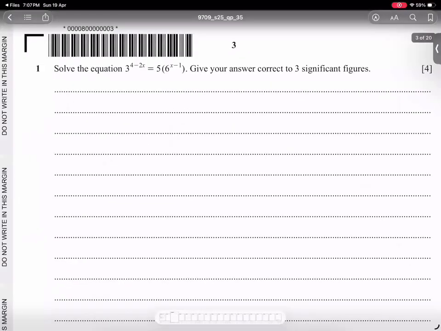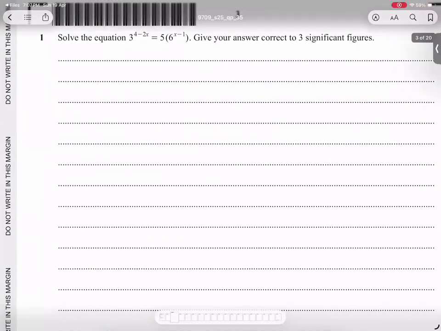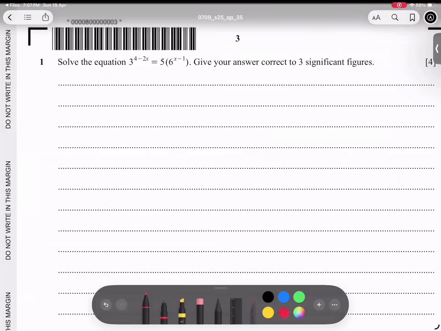First question, he has given us this equation, and we have to find the answer to 3 significant figures. The direct way is to use logarithms, take any log, but I take ln.